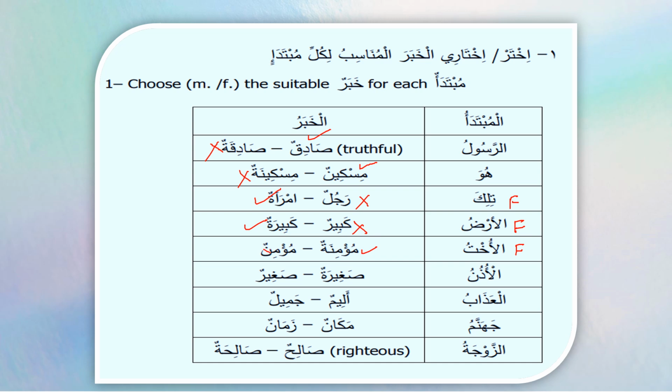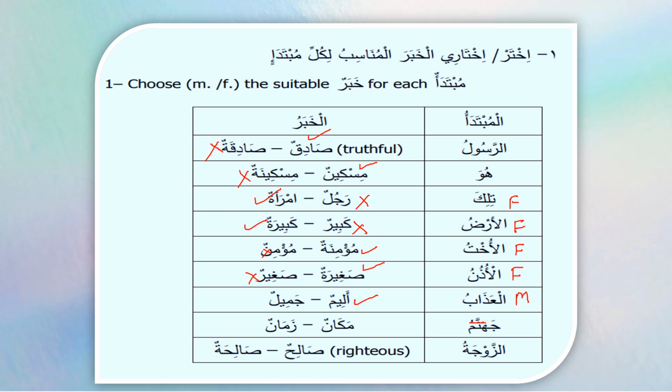It's wrong. Al-udhun, udhun means ear. It is in pairs, so it is feminine. So saghiratun, small ears. And azab, azab is a male noun. So look for the male. And it's azab, both are male.